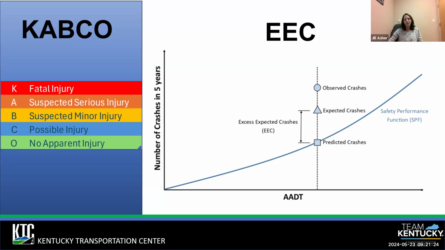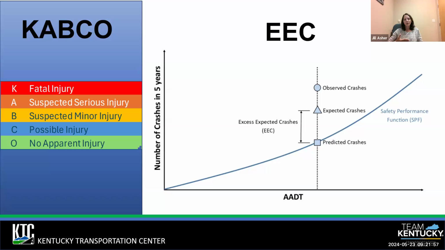The EEC, excess expected crashes. So the line that you see there is a safety performance function. If you're not familiar with that, I'm not going to get into a lot of details. It gets pretty complicated, but it's just a way to measure the safety on your roadway. For a certain type of roadway, you'll have an SPF. And if you measure above it, your excess expected crashes are the difference between the crashes that your roadway's experiencing and what it should be on that SPF line.